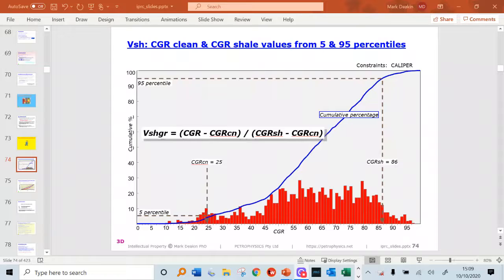So you get volume of shale from the gamma ray, between 0 and 1 as this overall ratio moves from 0 when that is equal to that, to the shale value when that is equal to that. Okay, very, very simple. That's the basis of the way that it works.